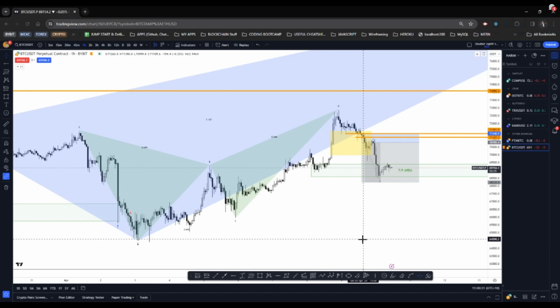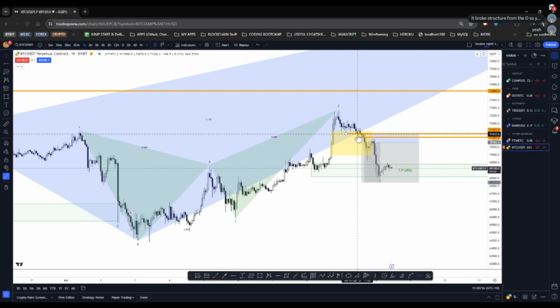So basically, that's how I took the trade. I took the 1 hour harmonic within the larger harmonic, and then as soon as we started going back within that range and started breaking structure to the downside, that's how I took that sell. Yes, it broke structure from the D, so I shorted.